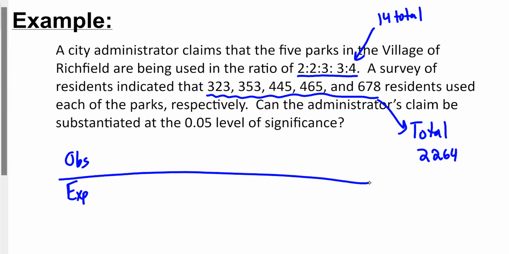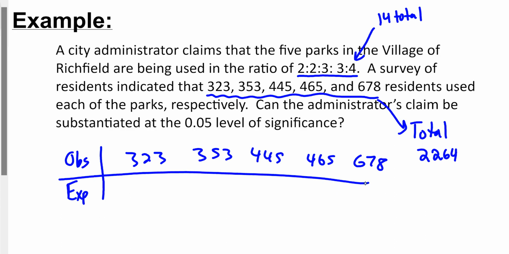Your observed were given. So 323, 353, 445, 465, 678. To find the expected, you'd have to say, all right, that first one should be 2. It's part of the 2. So I'm looking right here. That's 2 out of the 14 times the total of 2264. That would get us that expected count.